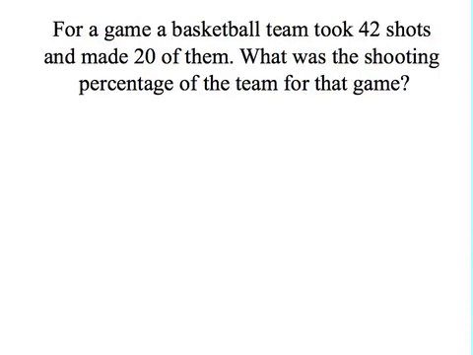And for our final problem, we go to the game of basketball, a very commonly sought statistic, shooting percentage. A team made 20 of 42 shots. What was the shooting percentage? Well, we'll call the shooting percentage S, and we know that S is to 100 as the 20 made shots is to the 42 shots taken.